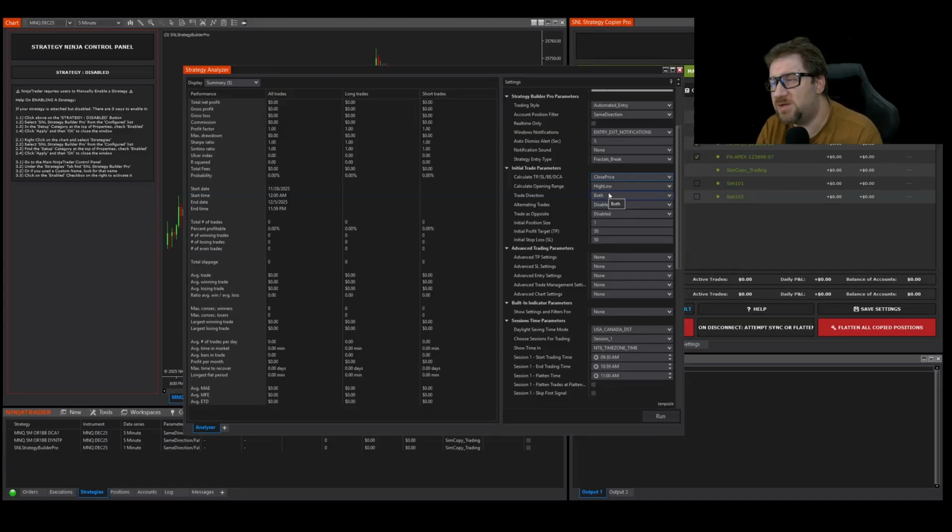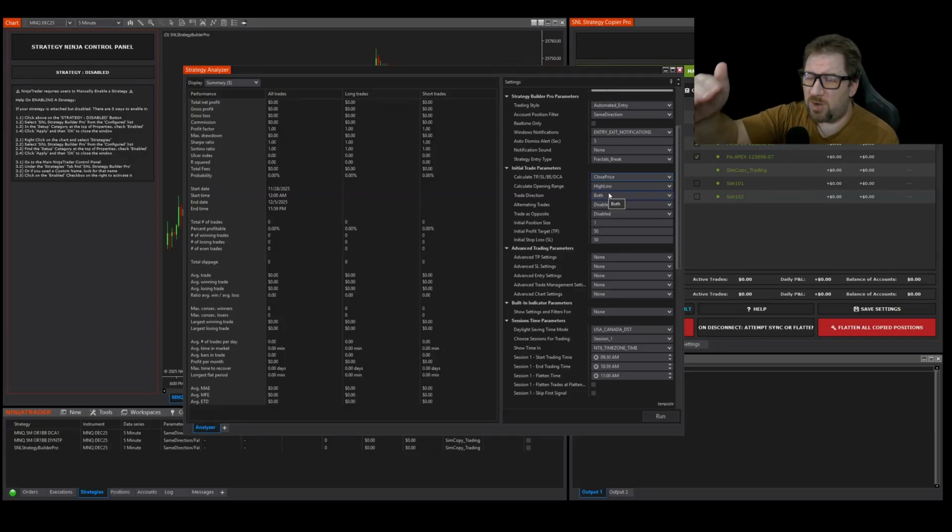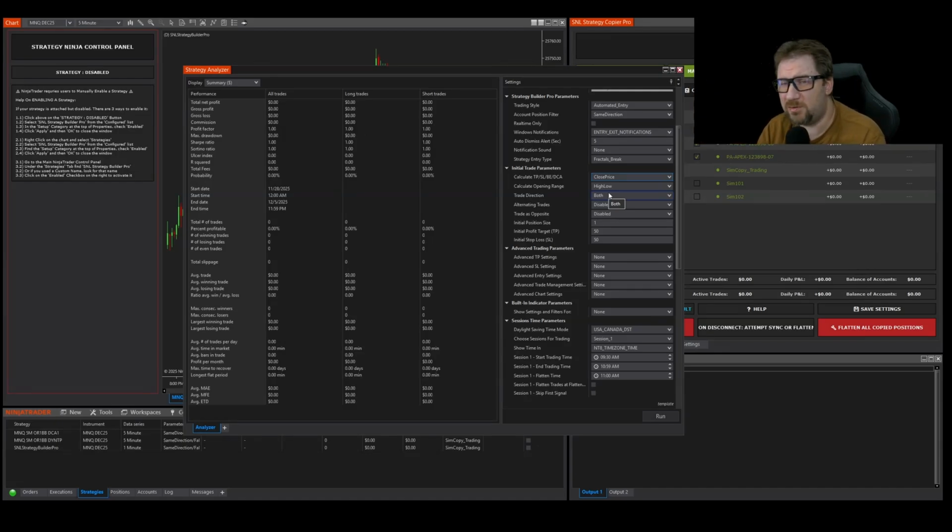The close price will just calculate your take profit and your stop loss based off where the last candle actually closed rather than where you entered. So you're still getting that 100 tick take profit location as your TP rather than 100 ticks past where you actually entered, which may not actually ever happen. And so this gives you a better handle on realistic results.